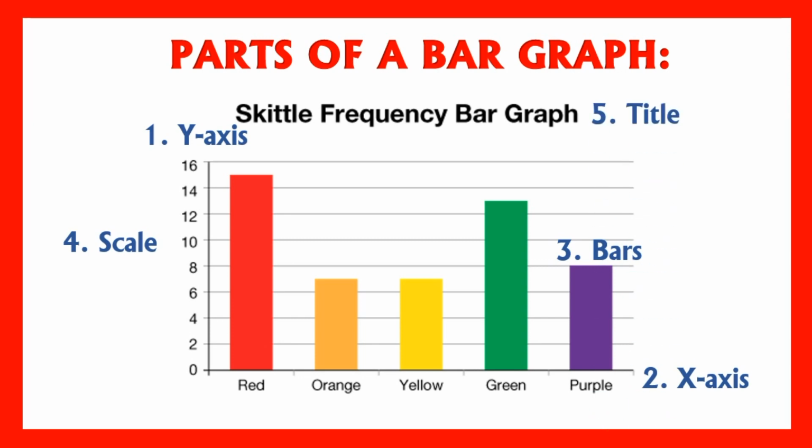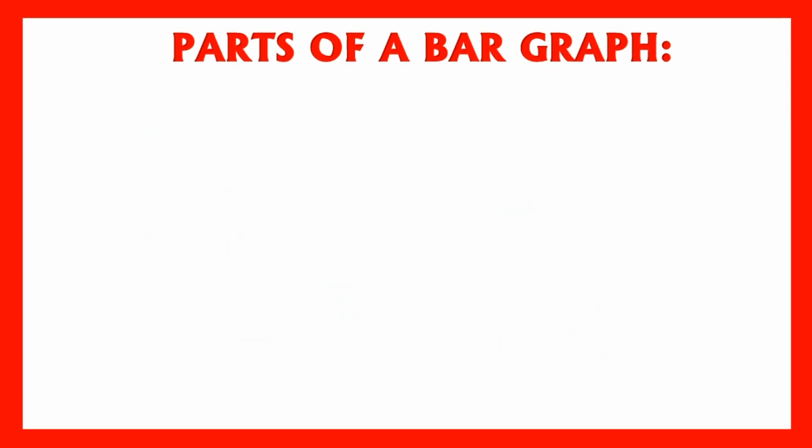And it must have a good, meaningful title, right? So these are the 5 main features or parts of a bar graph: the y-axis, the x-axis, the bars, the scales and the title. And now I'm going to share some details of each part of a bar graph.